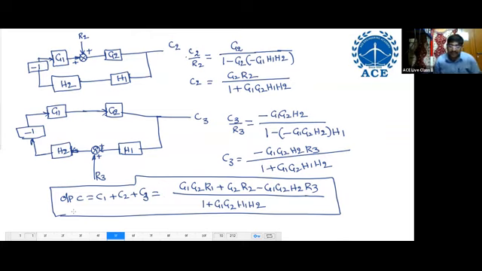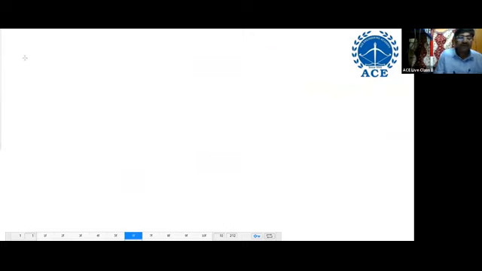Okay. Next problem. Last problem. Find the transfer function.